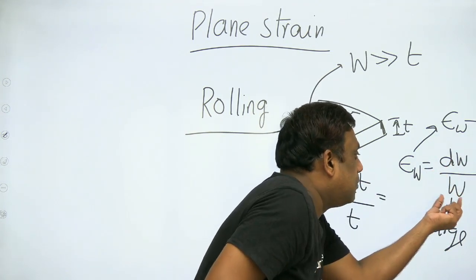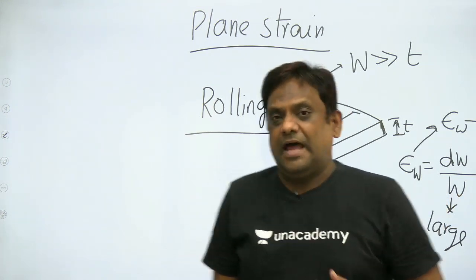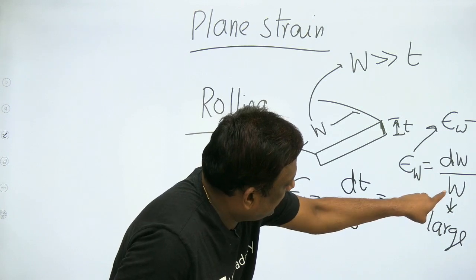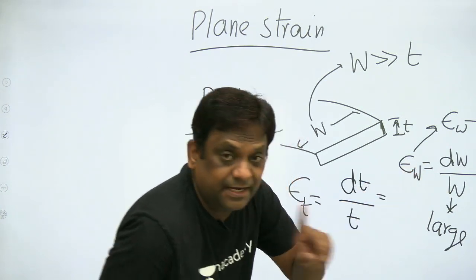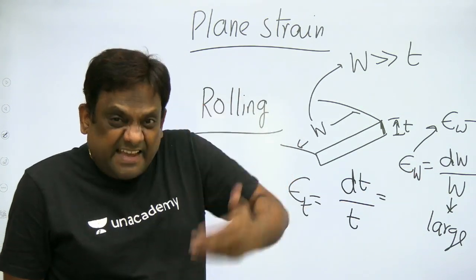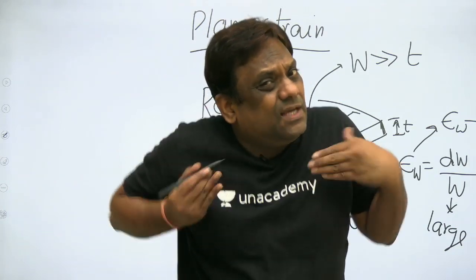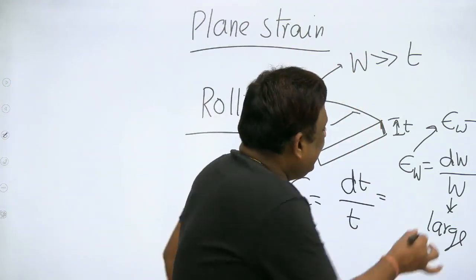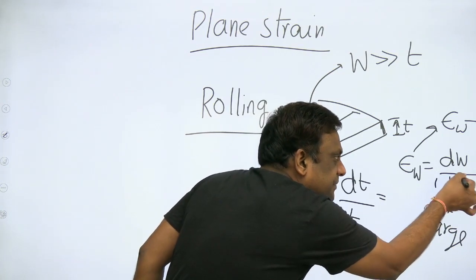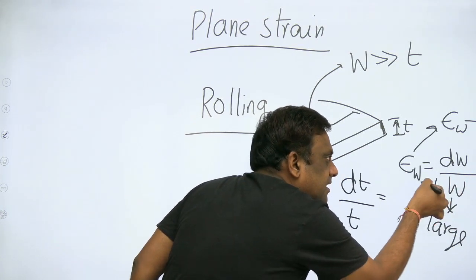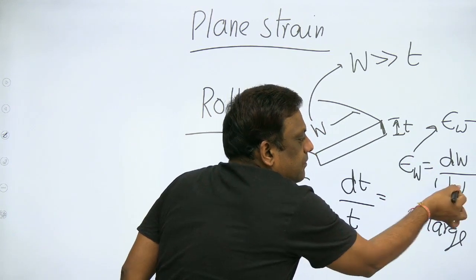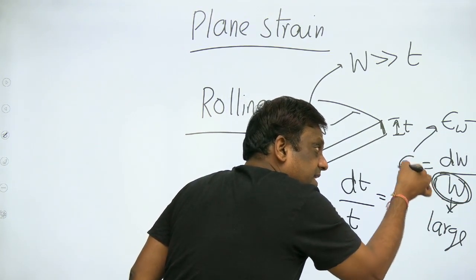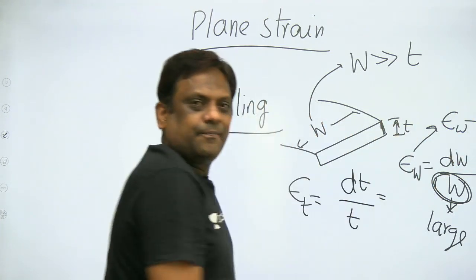If this value is very very small, this will be appreciable. It is not zero. So for strain to be zero, here zero means tending to zero, almost zero. If the width is very large, this will be negligible. So therefore it will tend to zero.